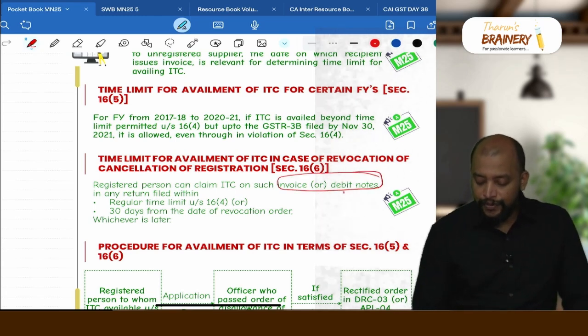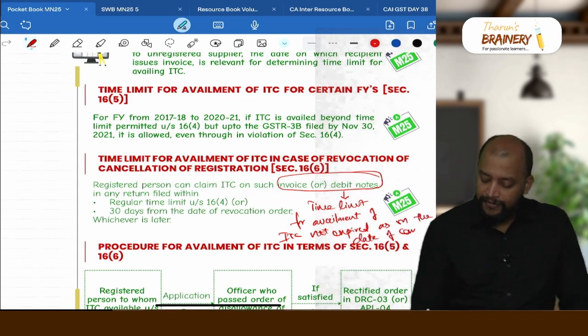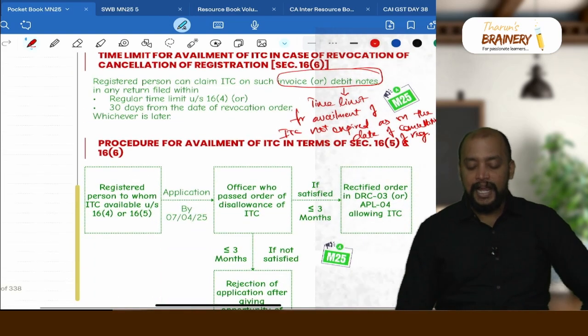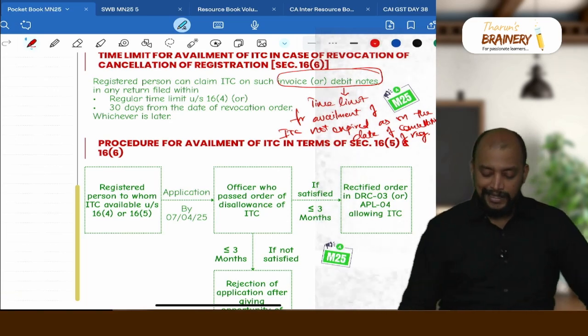Okay, for these invoice or debit notes, time limit for availment of ITC not expired as on the date of cancellation of registration. Then we can definitely take this credit.